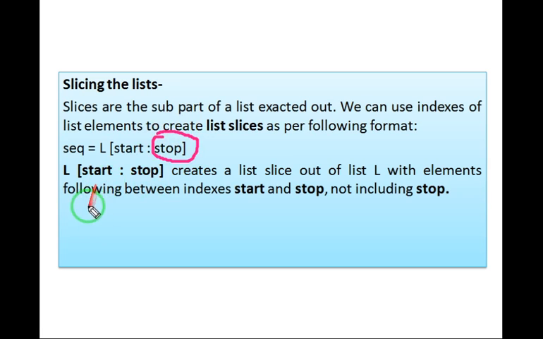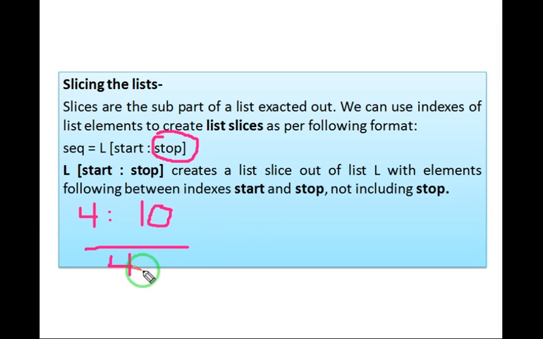Suppose the start index number is 4 and the stop index number is 10. Now it will display all the values at index numbers between 4 and 10, but not 10.